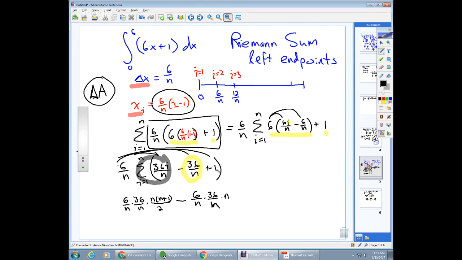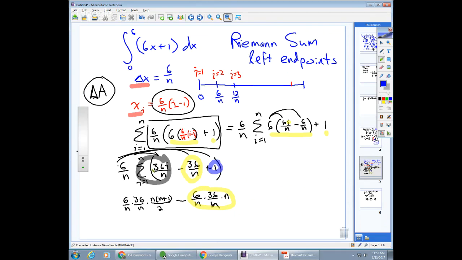And then finally I can deal with the 1, just this part right here. Yeah, so we're just adding up the 36 over n's, which leads to that right there. Yeah, correct. If there's no i, you just have n of whatever you are adding up. Now the same thing is going to happen for the next part.